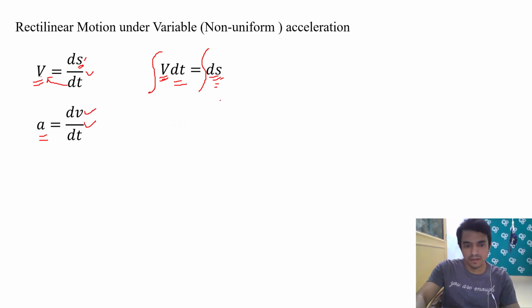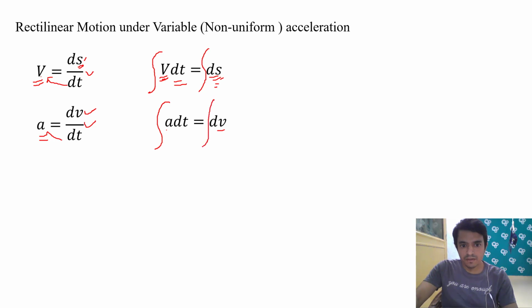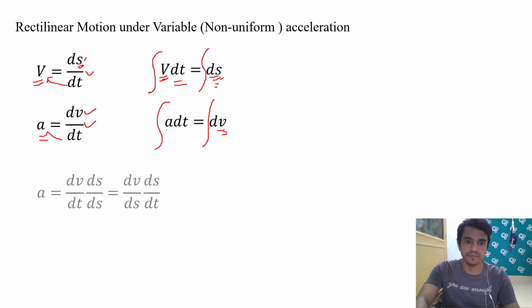Similarly, we can write a times dt is equal to dv. If we know acceleration, by integrating that equation we can determine the equation for the velocity, and vice versa.